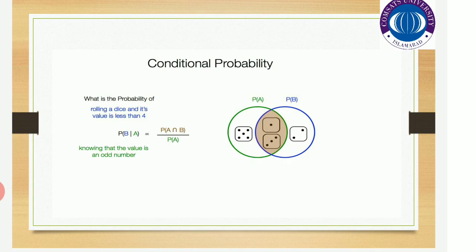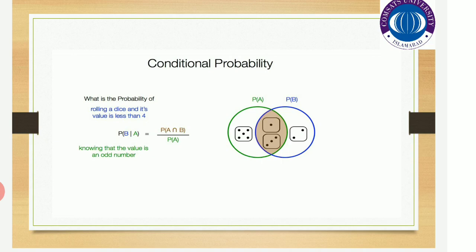In blue, what is it? As you can see, the text written in blue is mentioning the event in which you are interested, of whom probability you have to find. But what is this text in green indicating? It's indicating that this is additional information or given information.